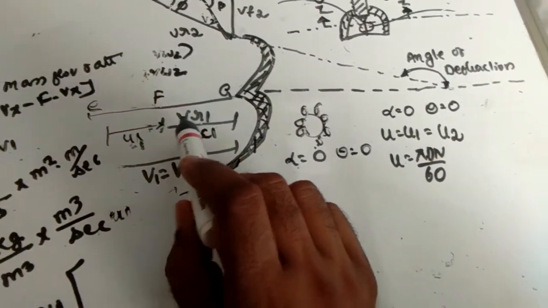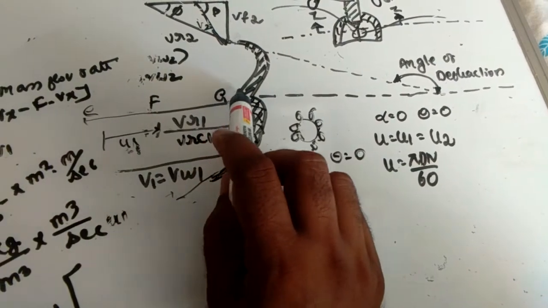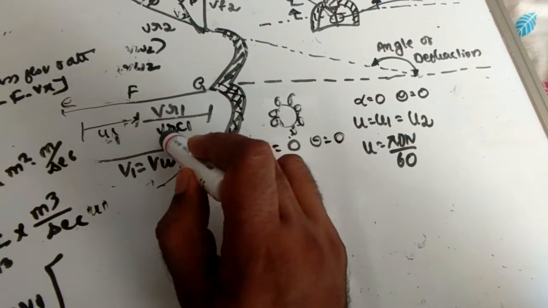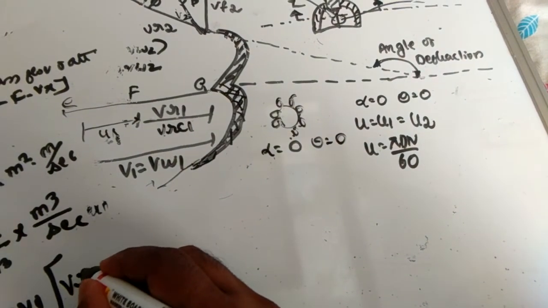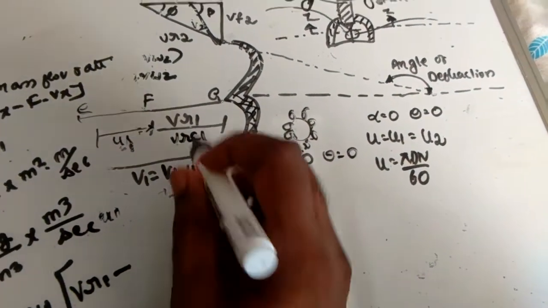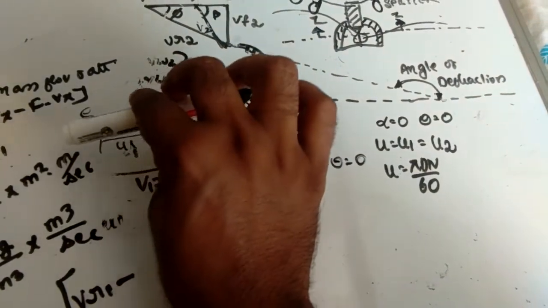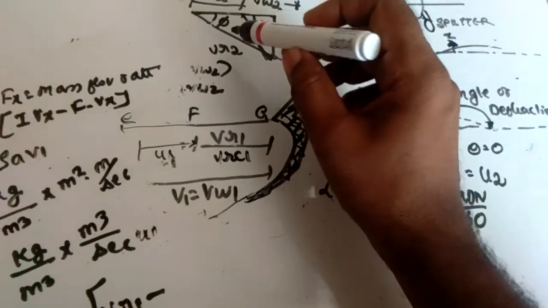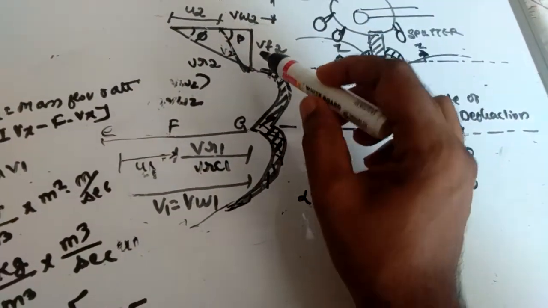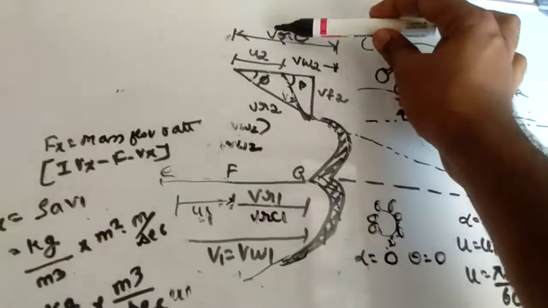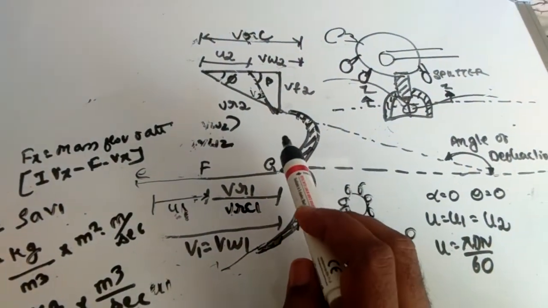Using this relative velocity the jet strikes the moving plate with respect to the moving plate, that is VR1, the initial velocity. The final velocity in the x direction, after it curves and goes in the x direction, is VRC, that is also a relative velocity.